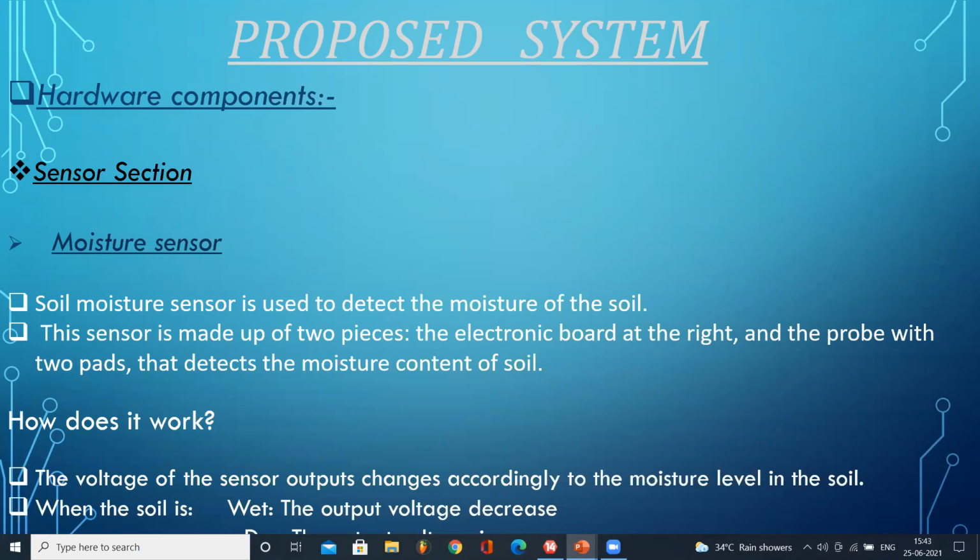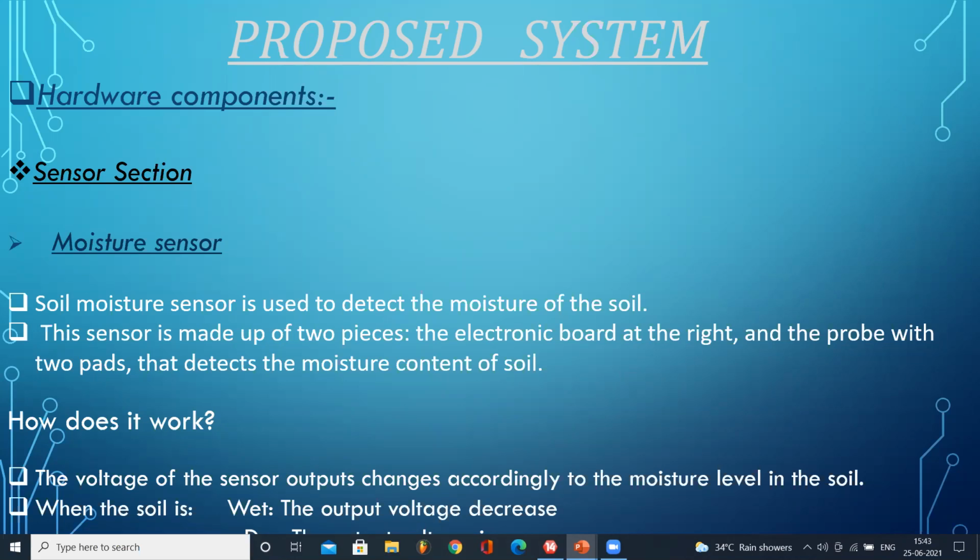Now, what are the components that are required for this setup? First of all, let's look at the hardware components, where we have two sensors in the monitoring system. The soil moisture sensor is used to detect the moisture in the soil. The sensor is made up of two pieces: the electronic board and the probe with two parts that detect the moisture content of the soil.